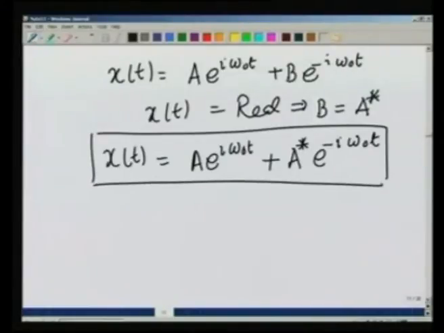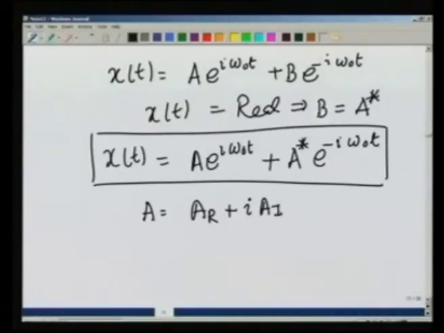Since it involves complex quantities a and a star, let me write it in a slightly different form, writing a as a real plus i times a imaginary.